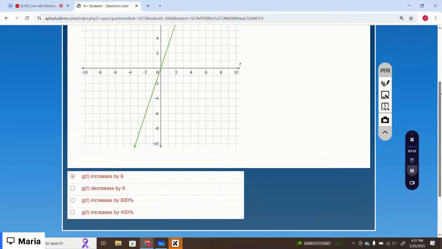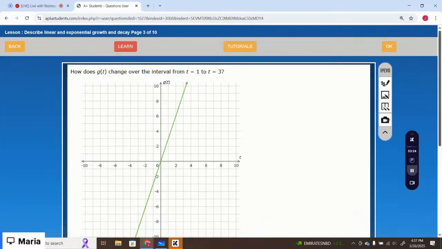The function g of t increases by 6. Option number 1 is the correct option.